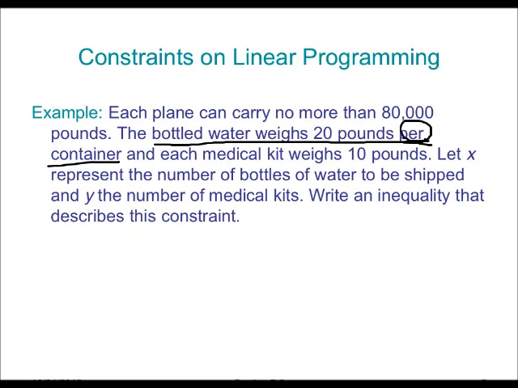Anytime you see that word per, or for each or for every, you know you're going to have to multiply times a variable. Now if you recall, we had X represent the number of bottles. So we've got 20 pounds per container for the bottled water, so that's going to be 20X.